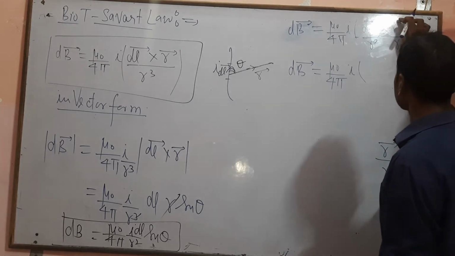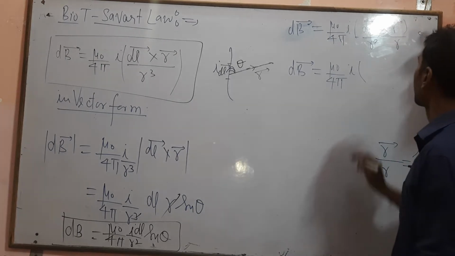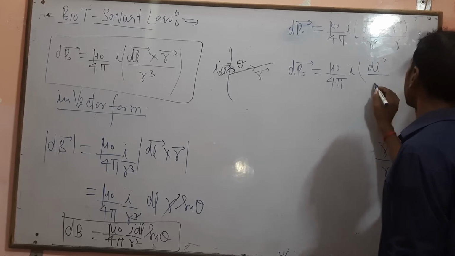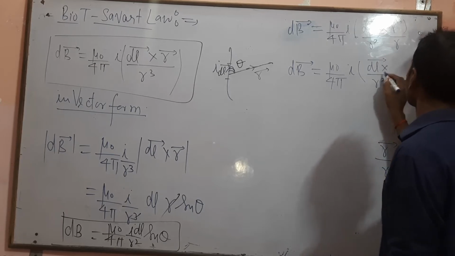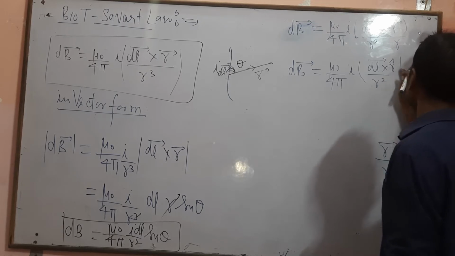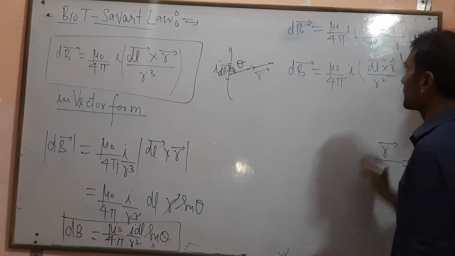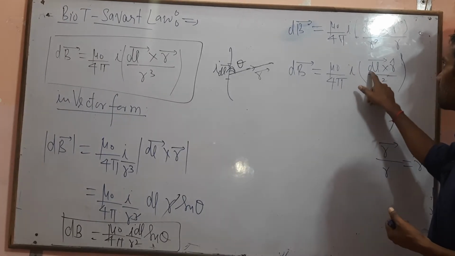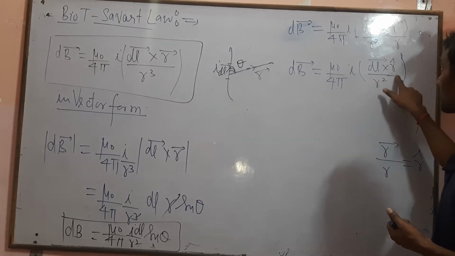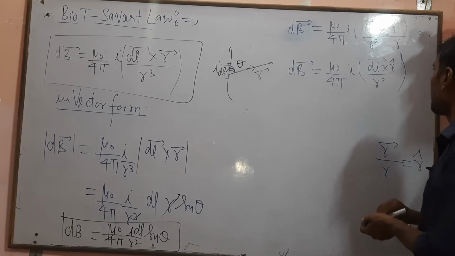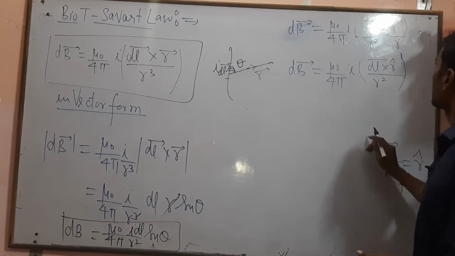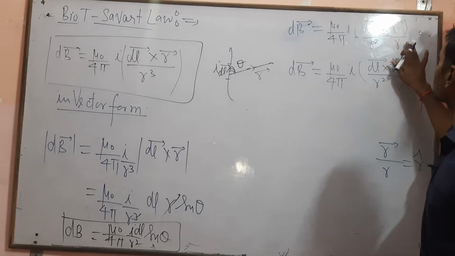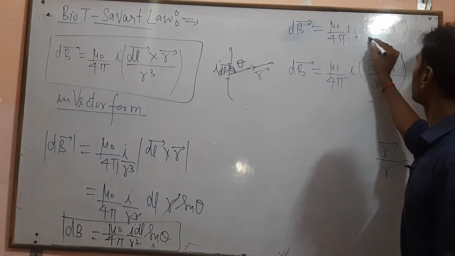So r vector divided by r is the r cap, the r unit vector. This implies dB vector equals mu naught by 4 pi I dl vector cross r cap divided by r square. This is the r cap, and this is the r vector divided by r cube.